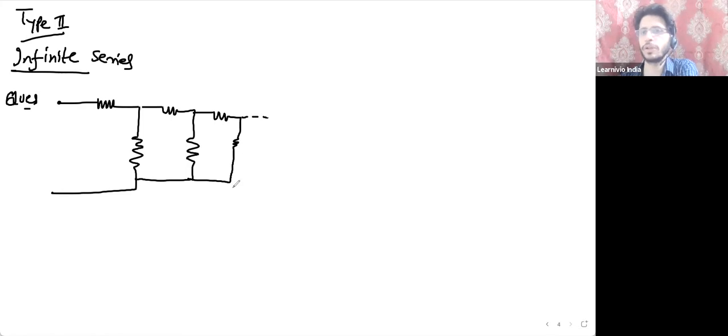And this thing is going up to infinity. This is 1 ohm, this is 2 ohm, this is 1 ohm, this is 2 ohm, this is 1 ohm, this is 2 ohm. This is infinite resistance.